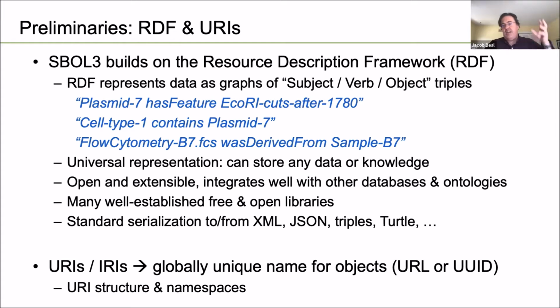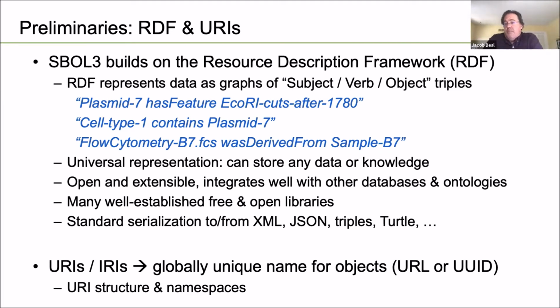So we can say things like, this particular plasmid has a feature on it, which is this particular EcoRI cut site. Or this particular cell strain contains that plasmid. Or this flow cytometry file that I have here was derived from this sample.